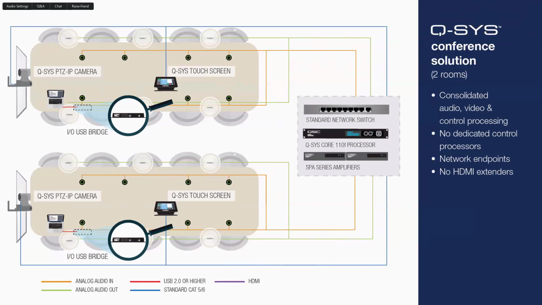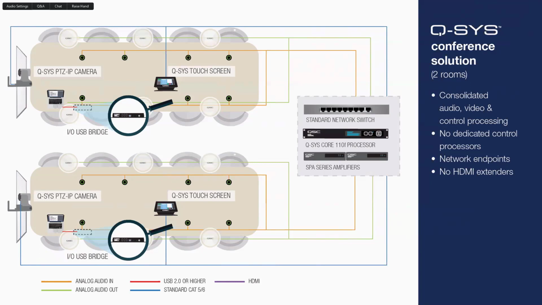So as you can see here, we have a USB I/O bridge. Our Q-SYS PTZ IP camera is able to leverage the network. It's a streaming camera that is then converted to USB via the core or via the USB I/O bridge, whether you need to use a soft codec on your laptop or one mounted in your AV rack. We still stuck with individual amplifiers for each space.